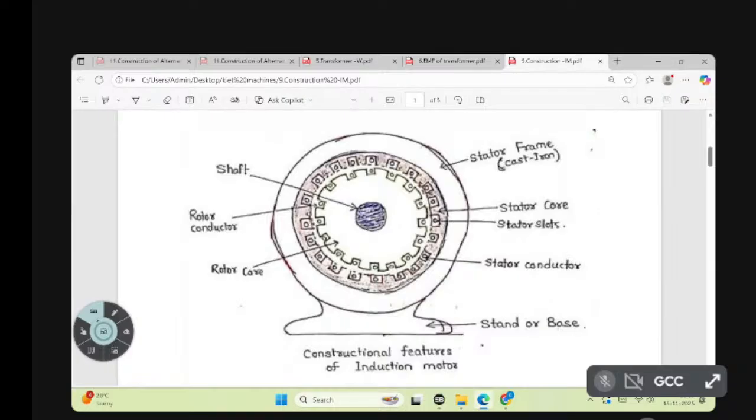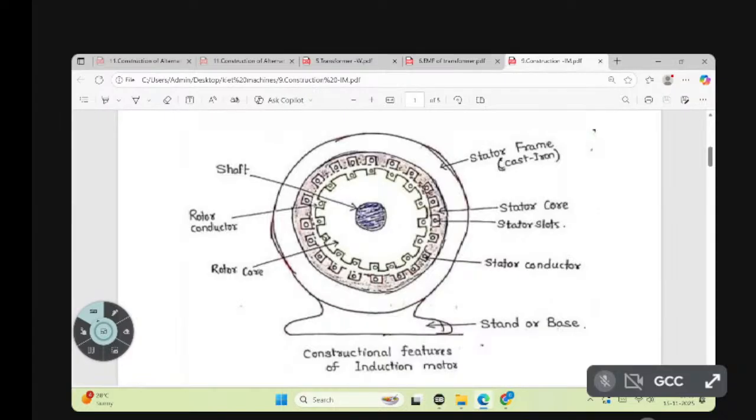What is the use of frame? In the frame only you are having slots. In the slot, we will insert the conductors. So what is the purpose of this frame? So frame carries the flux, and second, it will give mechanical support to the machine. Frame, what is the use?